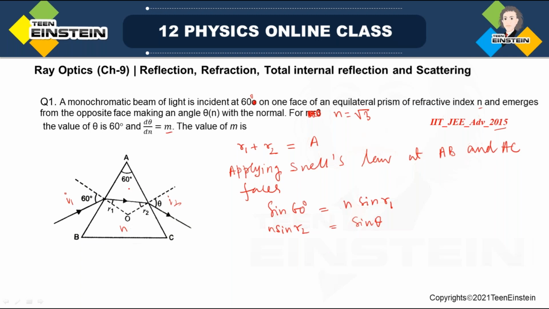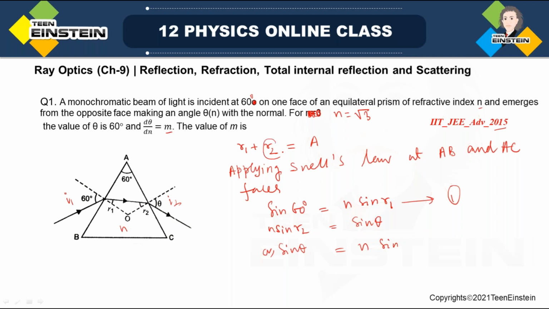Again, look, if this is an equilateral triangle, then the angle of prism will be 60 degree, as we have shown here in this figure. Then you look, this sine theta can be written as, let this be equation number 1, n sine R2.